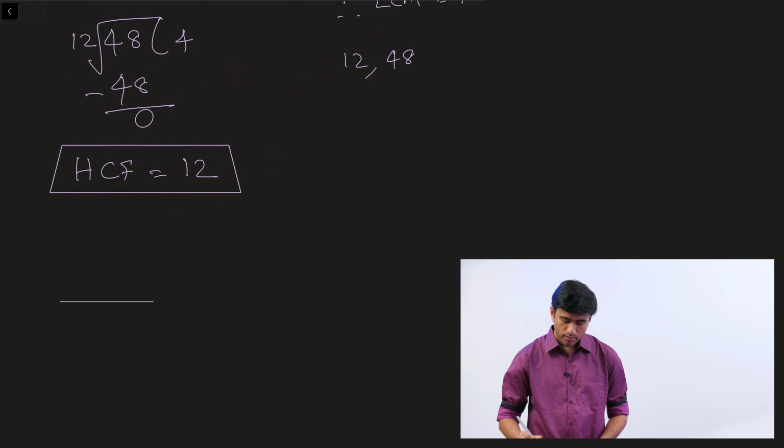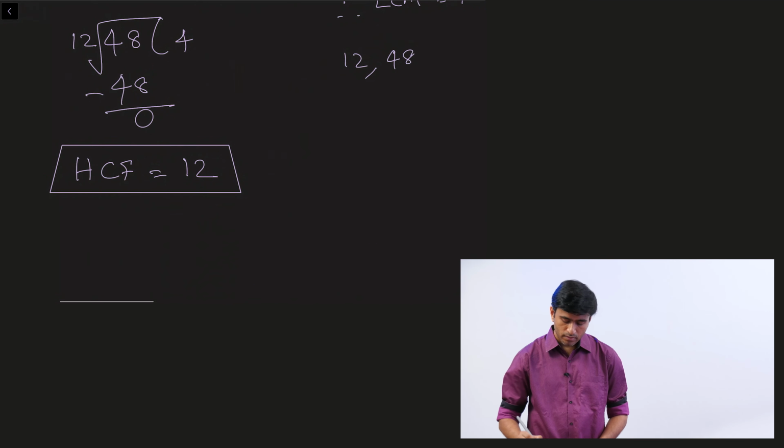So if the HCF is 1, then LCM is the product of these two numbers, that is 3 into 7, 21. Let's check. How do you find the LCM of 3 and 7? 3 1s are 3, 7 is brought down as it is, 7 1s are 7. Therefore LCM is equal to 3 into 7, that is 21.